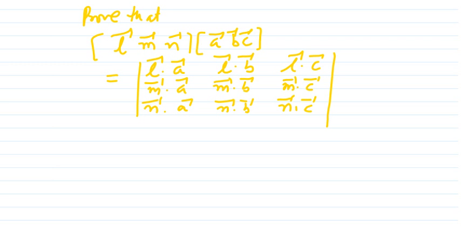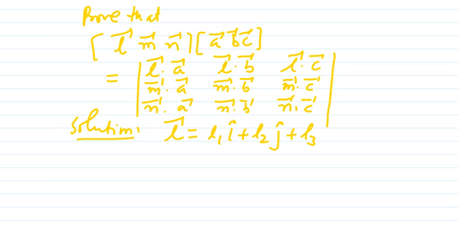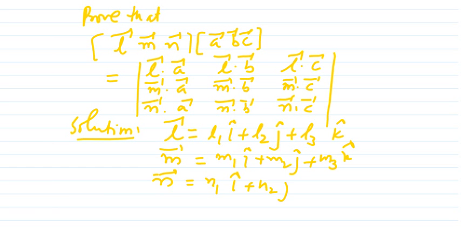Since L, M, N and A, B, C are the vectors, so to get the solution of this one, we can consider L as L1 I plus L2 J plus L3 K, and similarly we can write M is equal to M1 I plus M2 J plus M3 K. Okay, and N is N1 I plus N2 J plus N3 K. Similarly, we can write A is equal to A1 I plus A2 J plus A3 K. Okay, and so on.